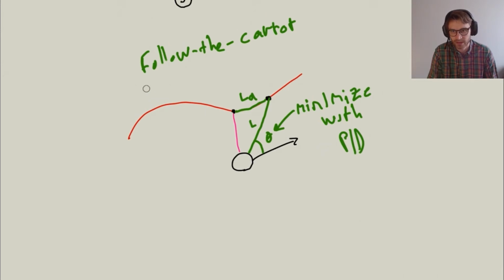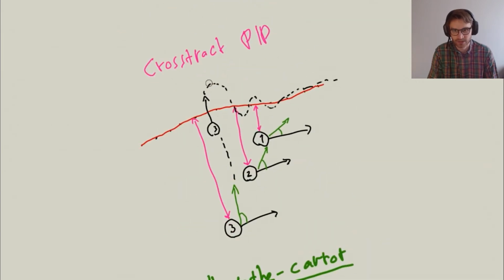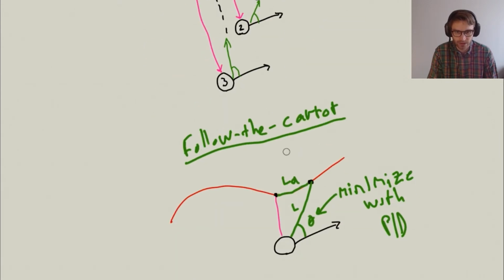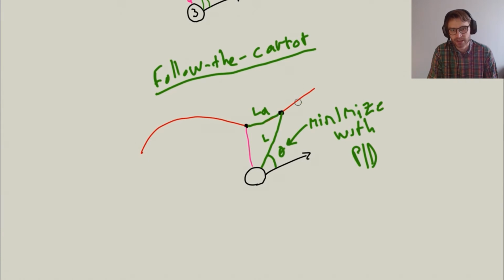So this is the follow the carrot algorithm, and the main difference why it works better is that it's looking ahead to the path, so that it's not causing the same sort of behavior as in here, this oscillating, going back and forth because of over control, sort of oversteering.